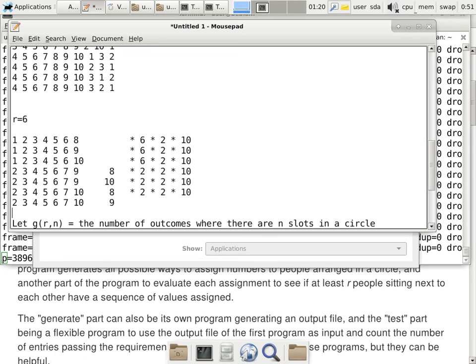And I think I'm missing the one. Since I said I want everything to be sorted, I actually did not do it in a sorted way because 1 can be here. And once 1 is here, then we have all the choices that we can have. So in this case, we still want to multiply it by 6 times 2 times 10.